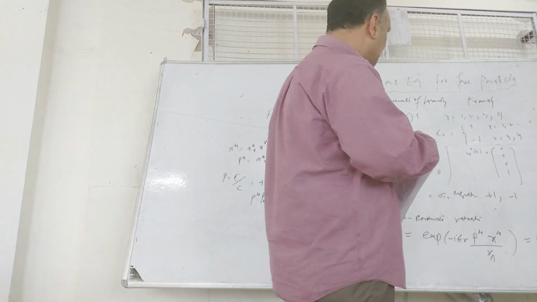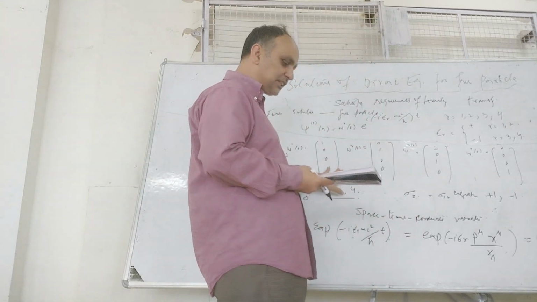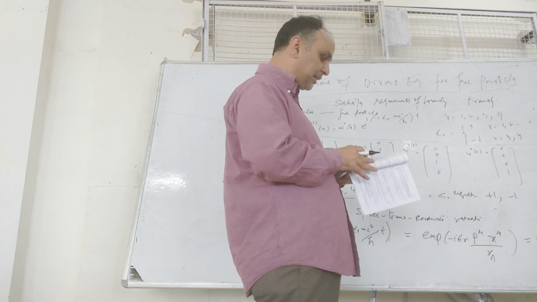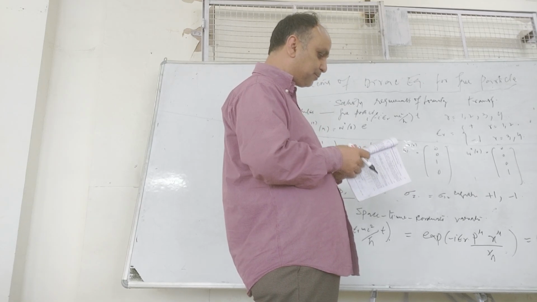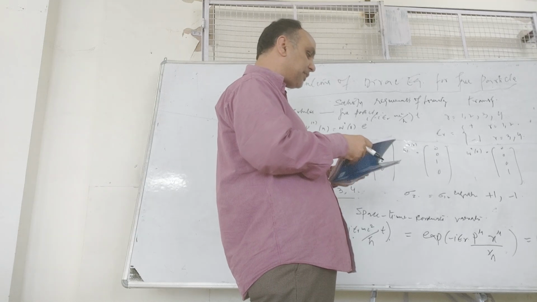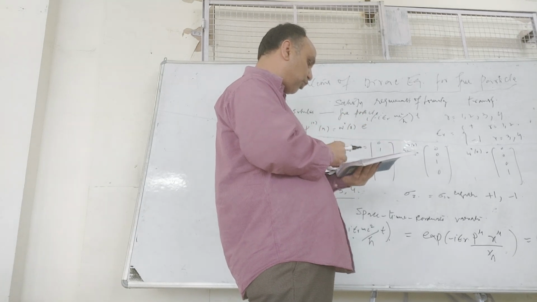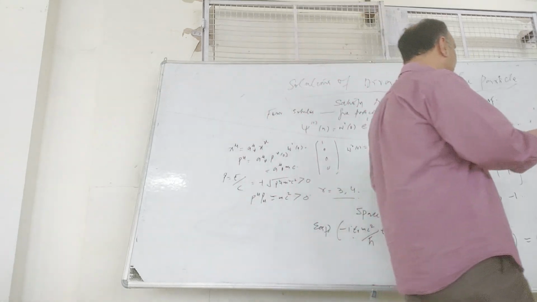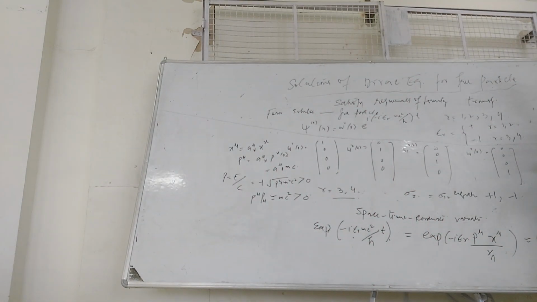So if you have to incorporate special theory of relativity here, if you remember in the last class, at the end we had the solution of the special theory of relativity equations in this form. So I write it here in terms of the coordinates x0, x1, x2 and x3.